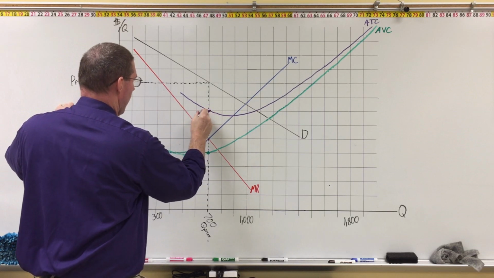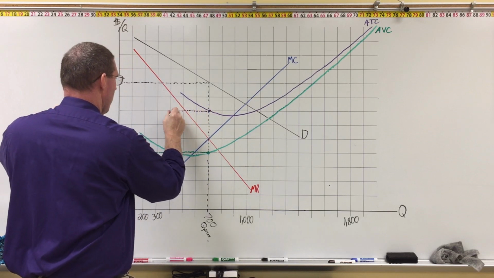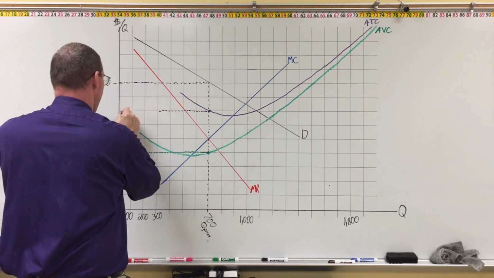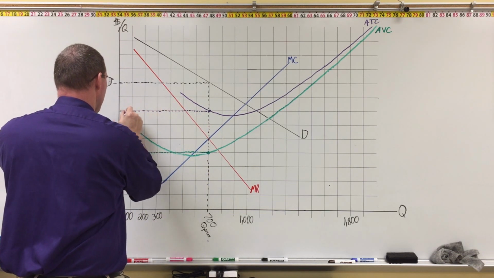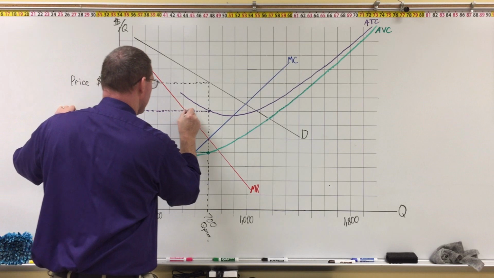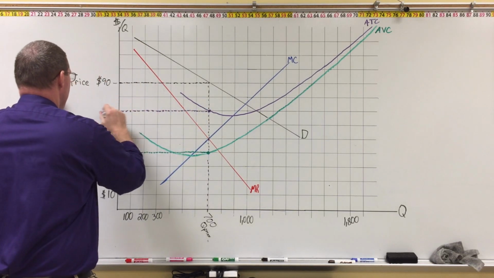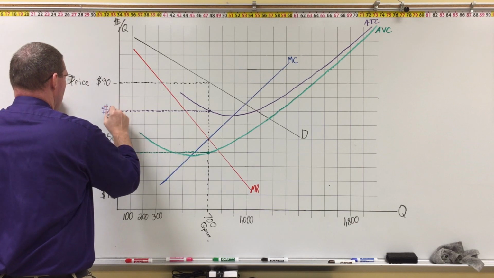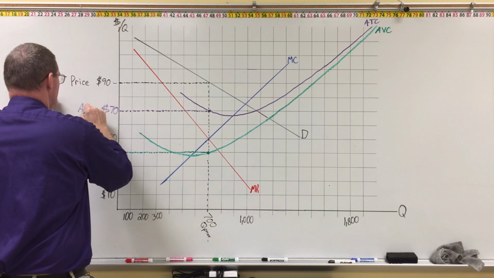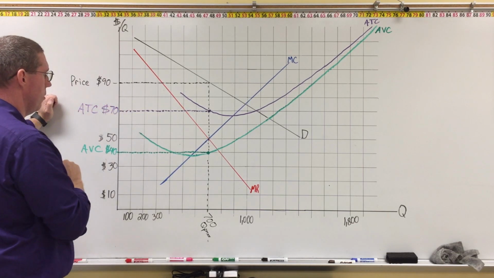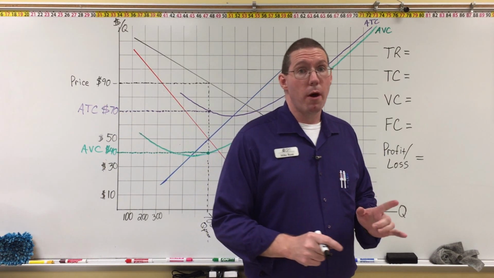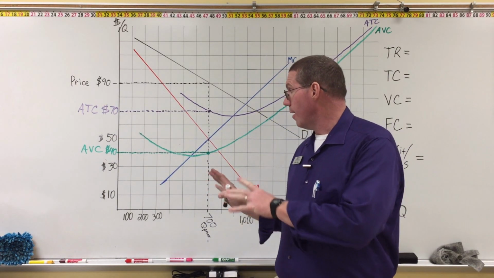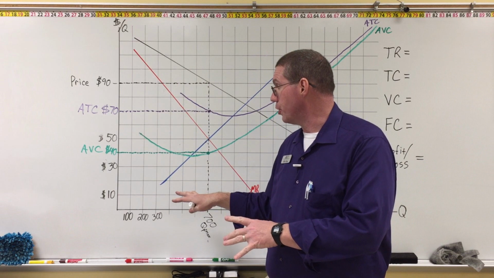And we're going to bring that over. Kind of make sure that you can see this dashed line on the video. And so this is 50, 60, 70, average total cost.